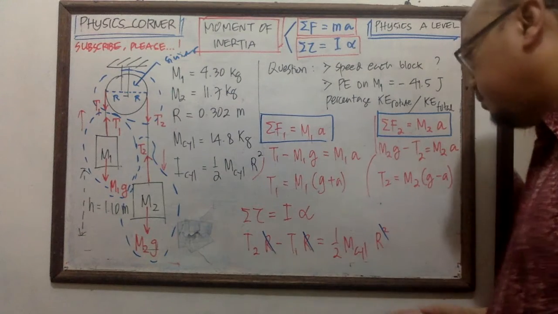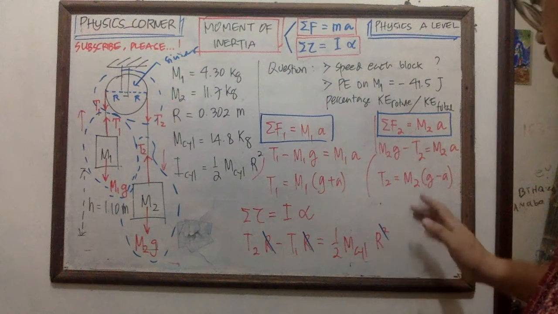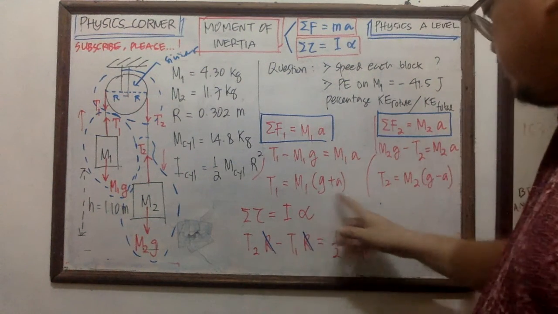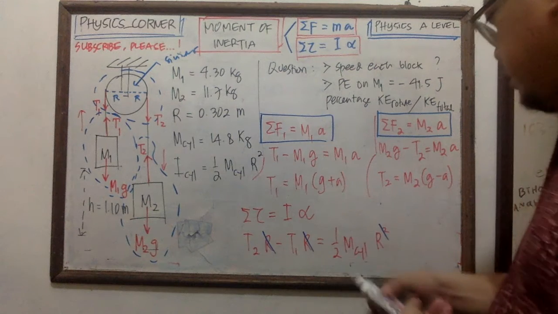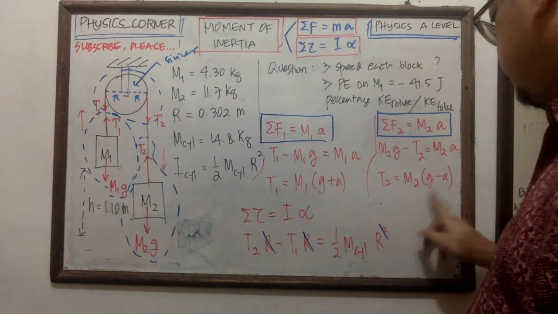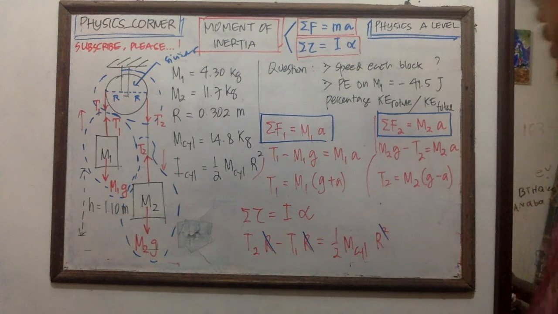Now, what about the others? How do we combine these formulas? Just go here. This is actually m2 (g minus a) minus m1 (g plus a) equals a half m a r.